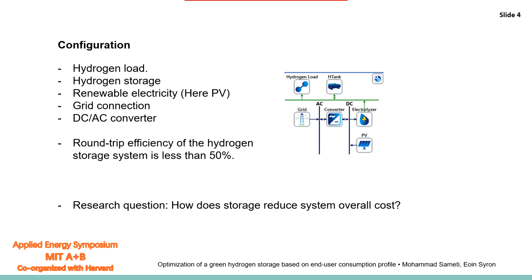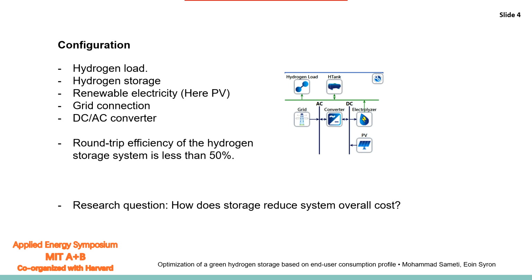Basically, the round-trip efficiency of the compressed hydrogen tanks is 50% or less. So that's one of the drawbacks of those types of hydrogen tanks. And if we increase that, that will really improve the overall efficiency of the system and will reduce the overall cost of the system.